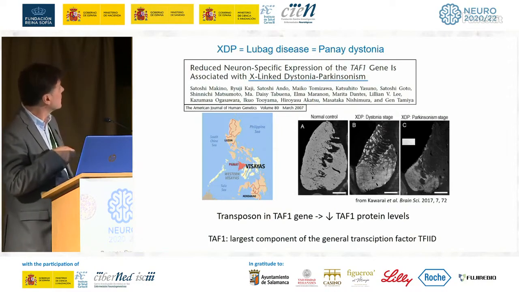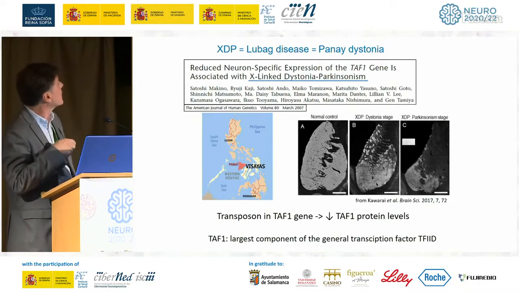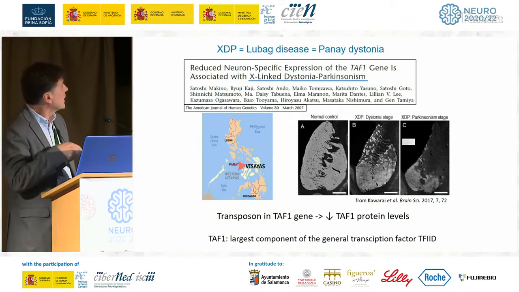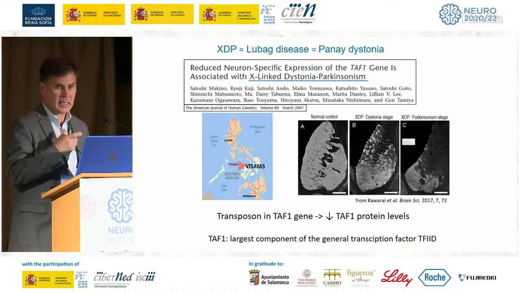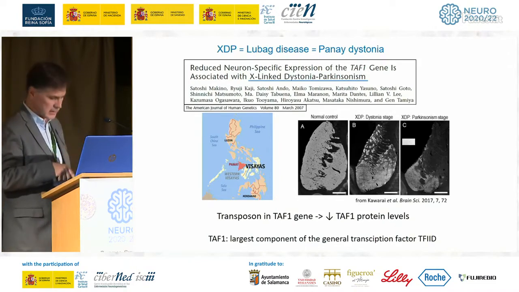genetic disease endemic of the Philippines that is called X-linked dystonia parkinsonism, or Lubag disease of Panay dystonia, that is characterized by a marked atrophy of the striatum, same as Huntington's disease.